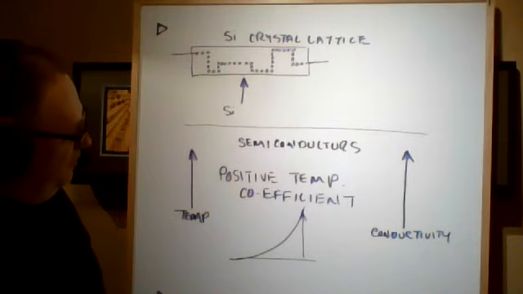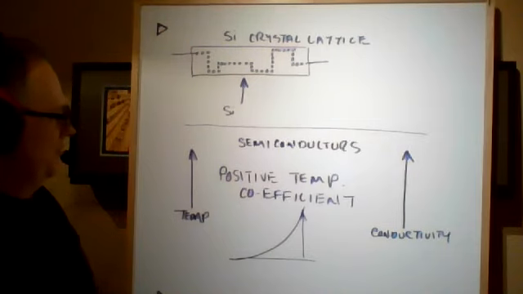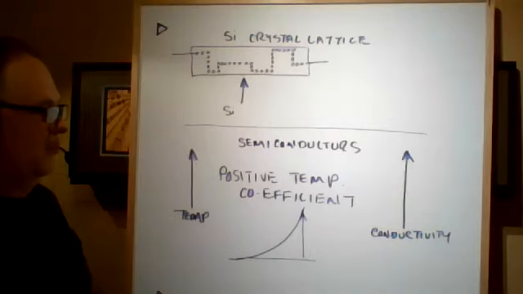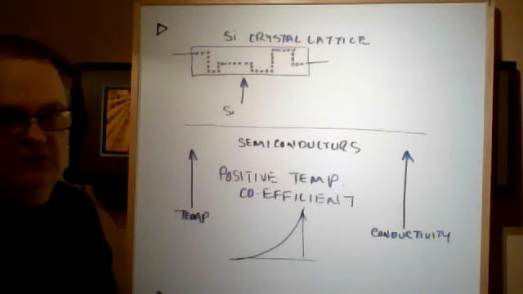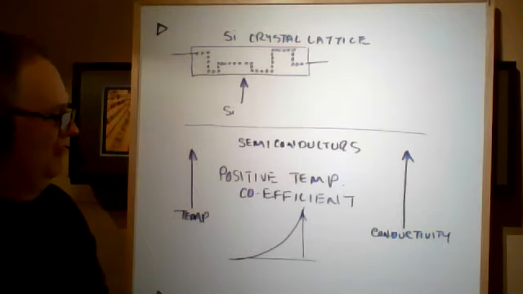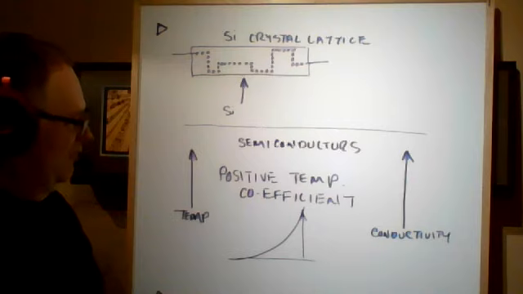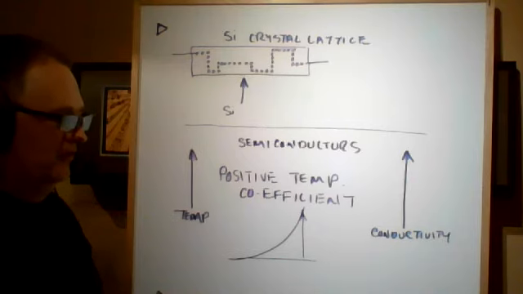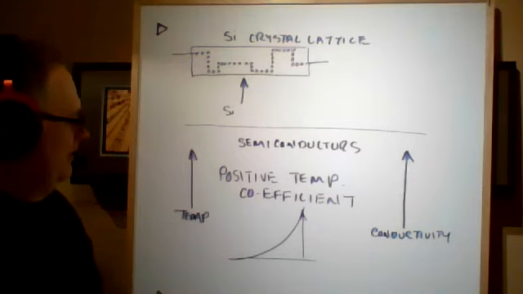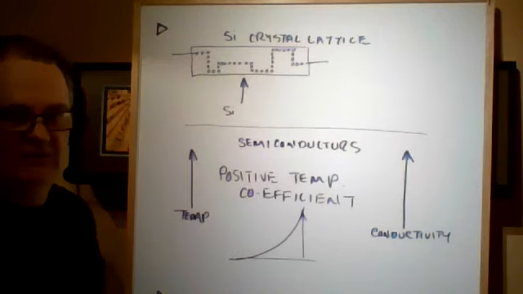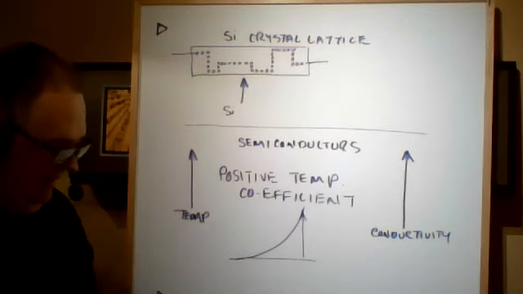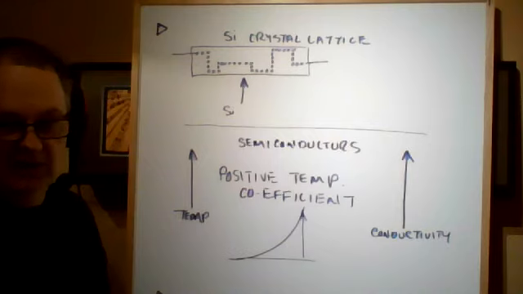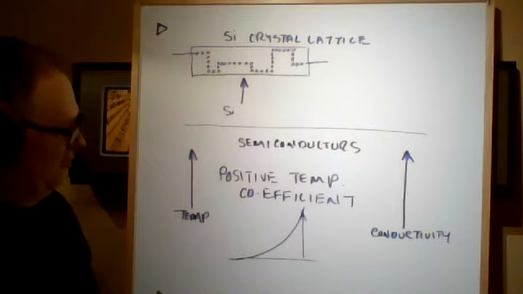So for semiconductors, the real enemy is heat. If we can keep these things cool, they maintain a fairly stable level of conductivity, and that's what we're looking for. With all types of electronic equipment, if you can keep them cool, they normally operate to their full life expectancy. But as soon as the temperature goes up, the smoke tends to come out. And once the smoke's out, it just doesn't go back in.